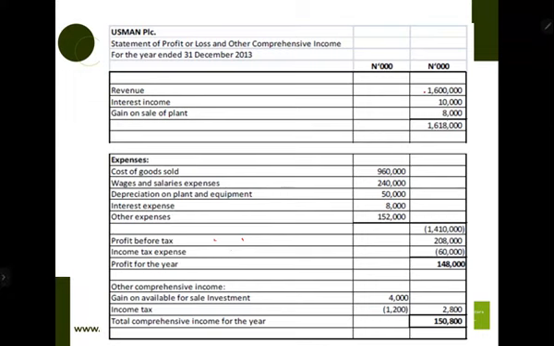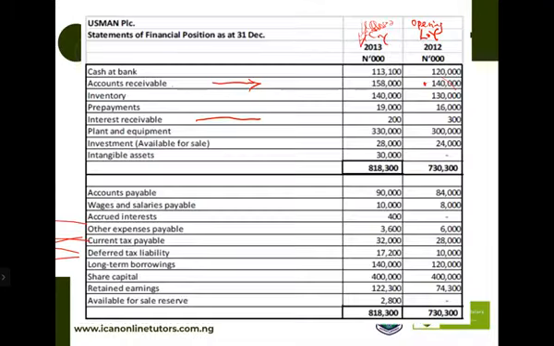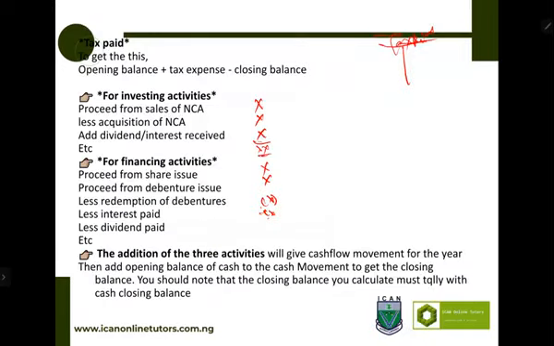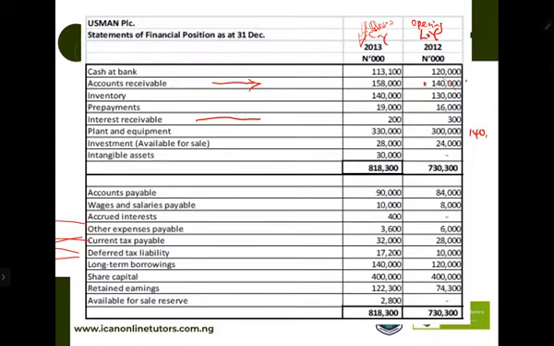Revenue for the year means what you received for that year. You have 140,000 and you receive 1,600,000 alongside. And then as at the end of the day, you are now having what left? You are now having 158,000 naira left.